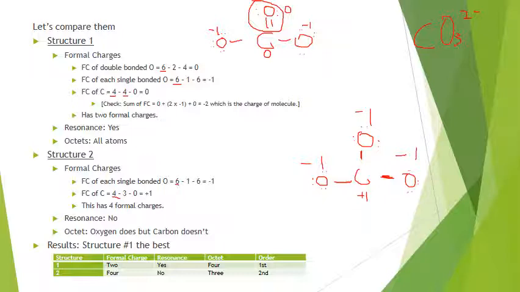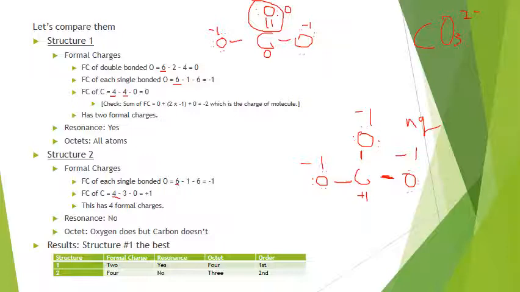Now you can see that this is not going to be a very good situation because there's 4 formal charges. This one has 2, so this already is not a good thing. It has no resonance, and the oxygens have octets, but the carbon doesn't.